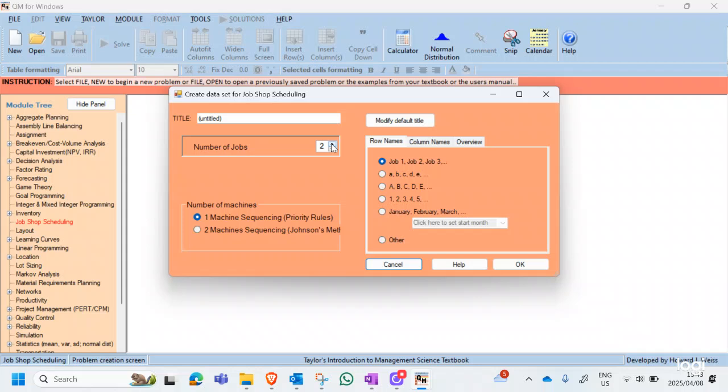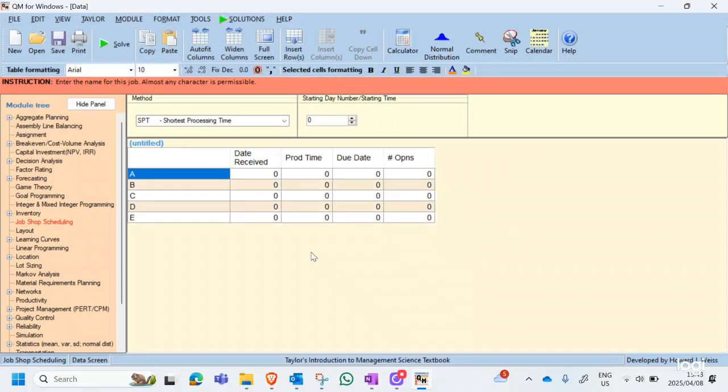The jobs are 1, 2, 3, 4, 5. You can rename them if you want.